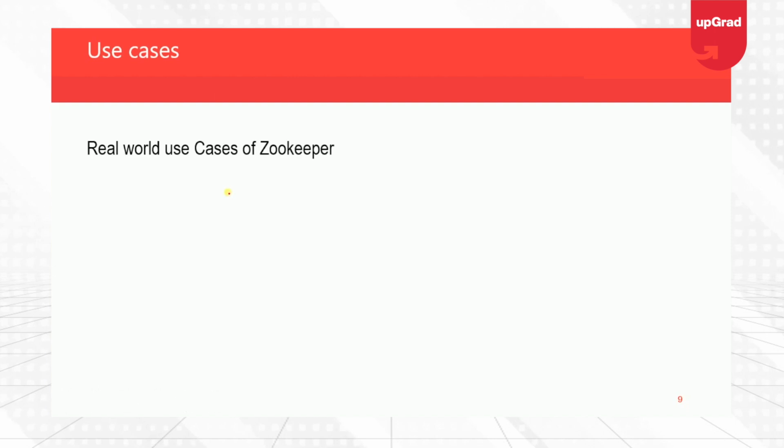Let us try to understand the various real-world use cases of Zookeeper. In order to explain the various use cases, I'm going to name some companies here. The very first company using Zookeeper is Rackspace.